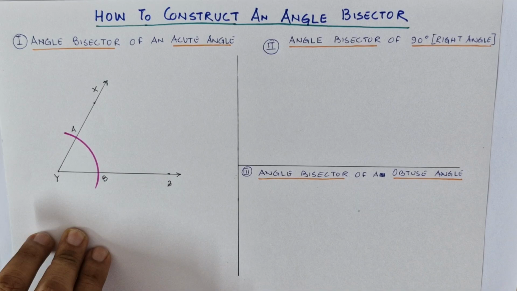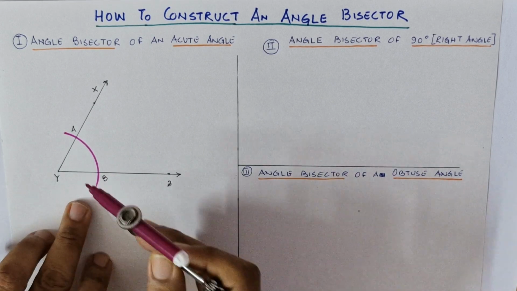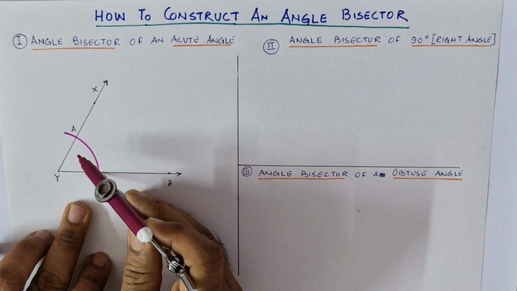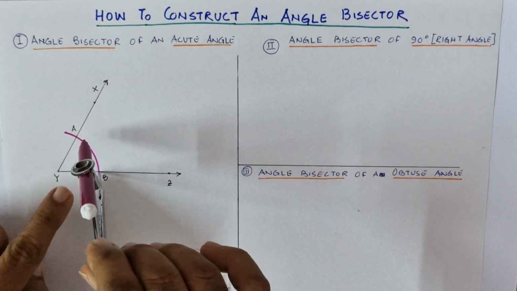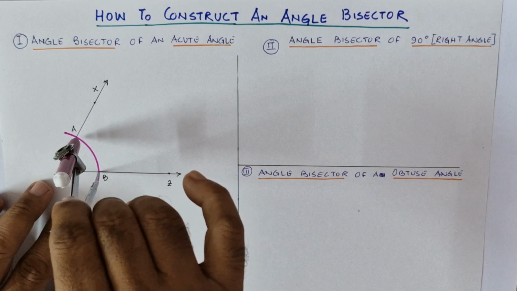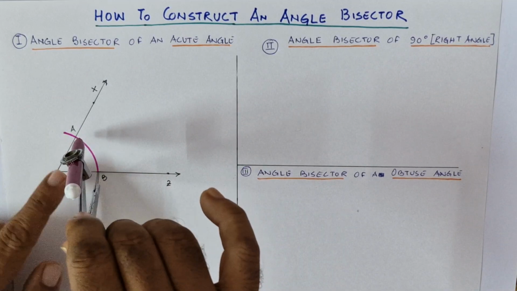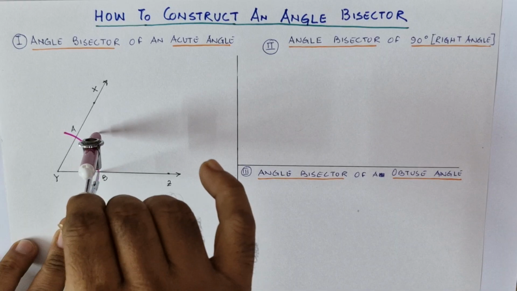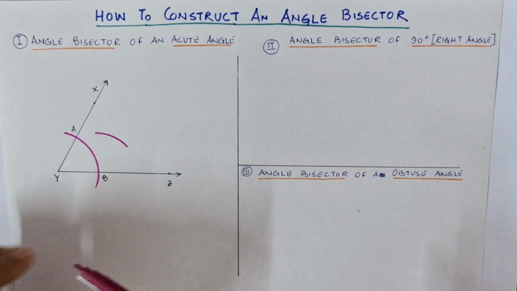So what will be the second step? Now using B as center, do not change the radius. It has to be approximately more than this distance. So it is obviously more than this distance. So draw an arc here. Got it?